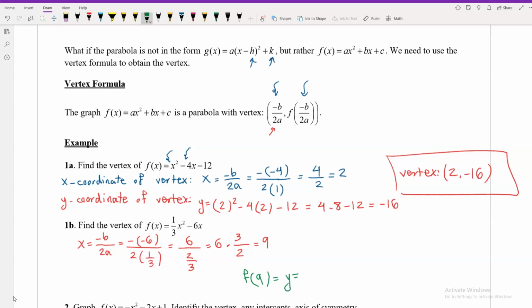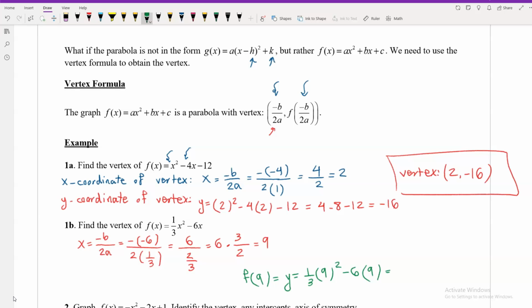So y is equal to 1/3 times 9 squared minus 6 times 9.